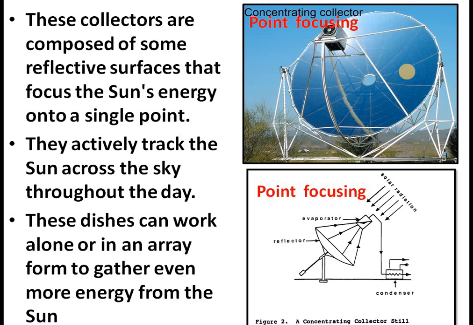Then it will act like a point focusing type of collector. A pure mirror you cannot keep in this form because it is highly soft and easily breakable. So usually a metal structure is made initially, on which small mirror pieces are pasted.